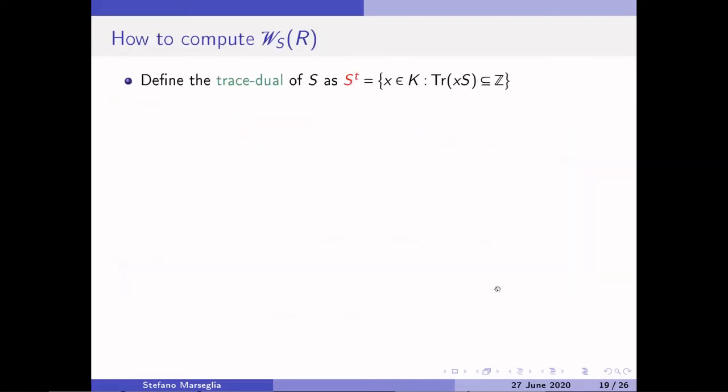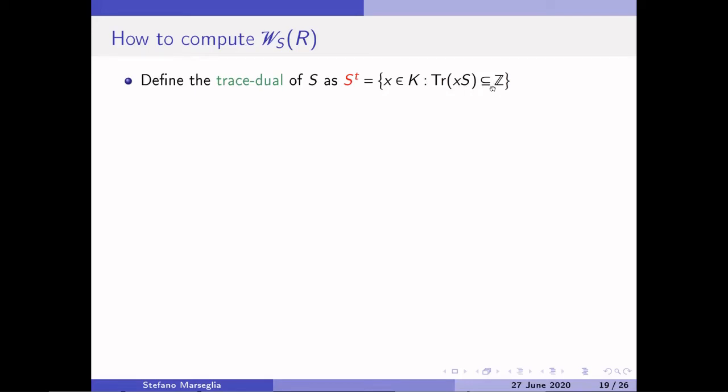Cool. So now the question is, how do we compute this W_S of R? So these weak equivalence classes with multiplicator ring equal to S. And here the role will be played by the ideal S^t, which is the trace dual of an order S. So the trace dual is the set of elements of the number field such that the trace of x times S is an integer.